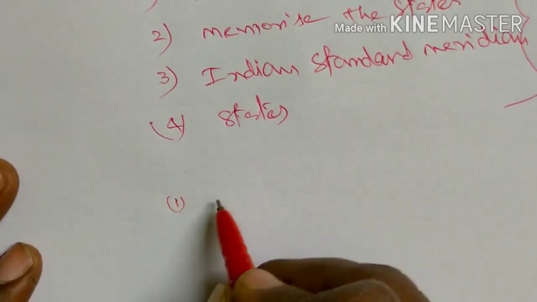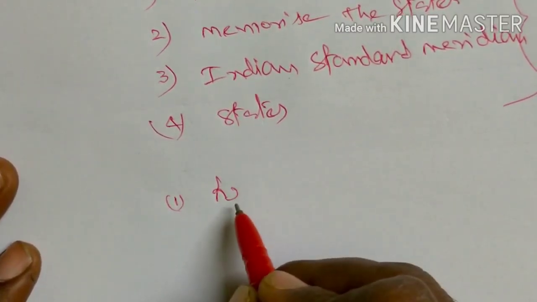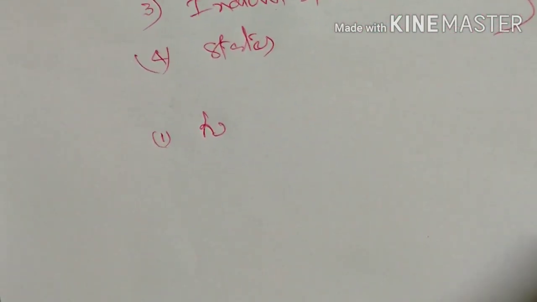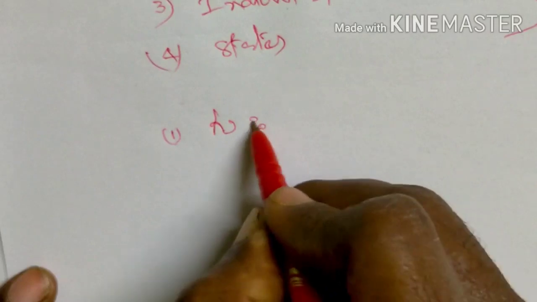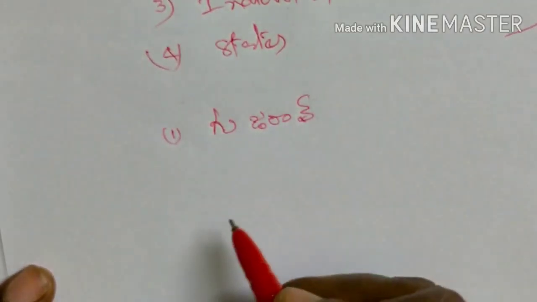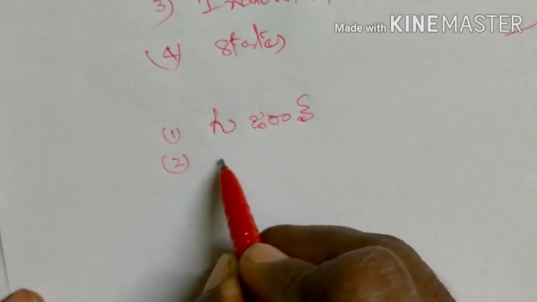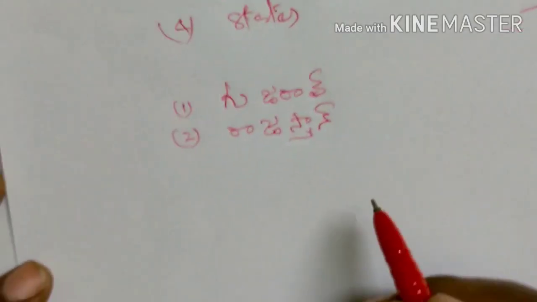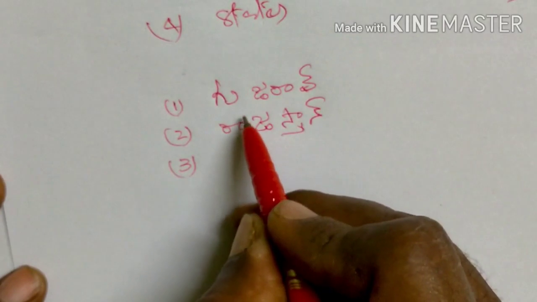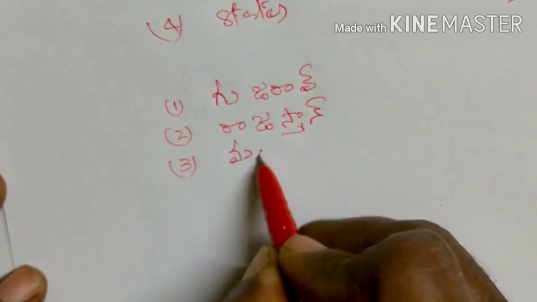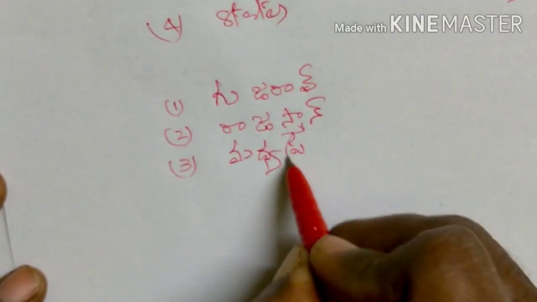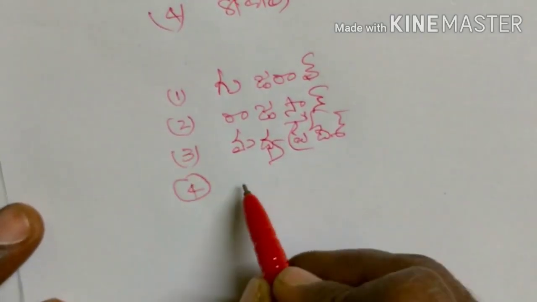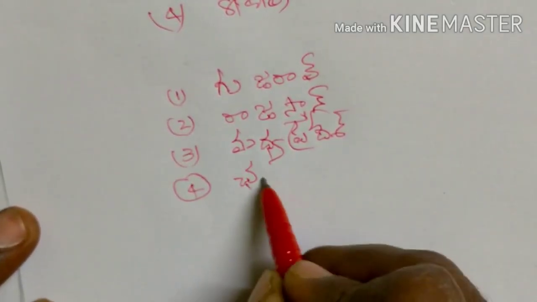First one, Gujarat. I am writing in Telugu because I prepared a memory trick in Telugu. So, first one, Gujarat. Second one, Rajasthan. Third one, Madhya Pradesh. Fourth one, Chhattisgarh.